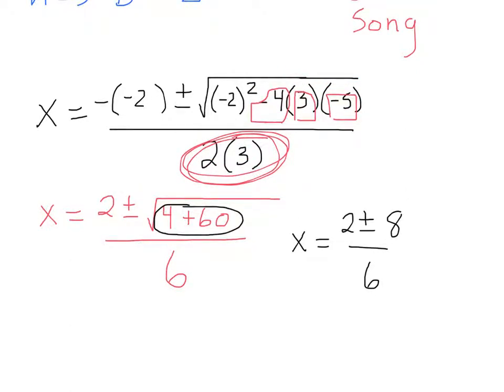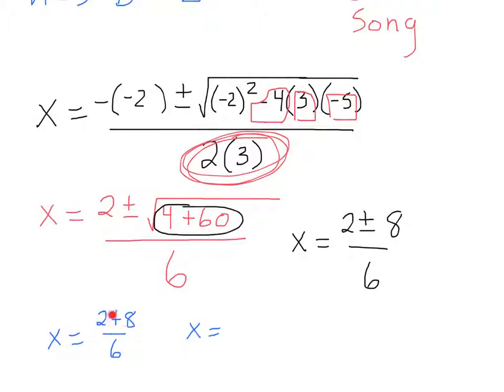The way you get two answers is you say x equals, and then you go like this, 2 plus 8 divided by 6. So let's write that down. 2 plus 8 divided by 6. And the second answer is going to be x equals.